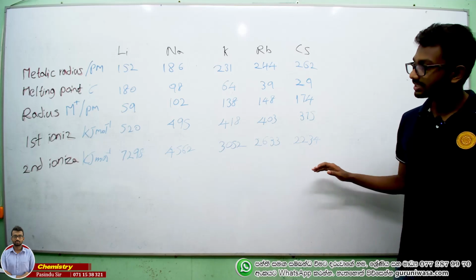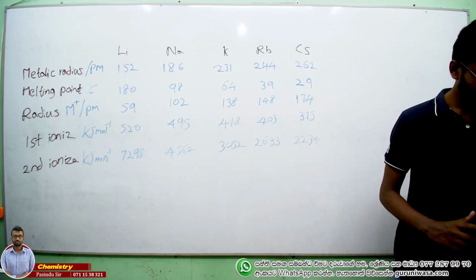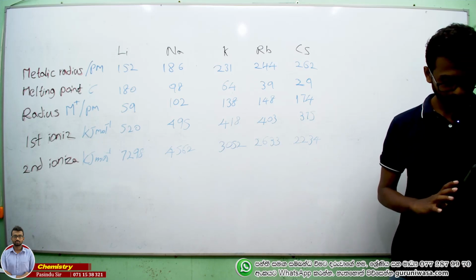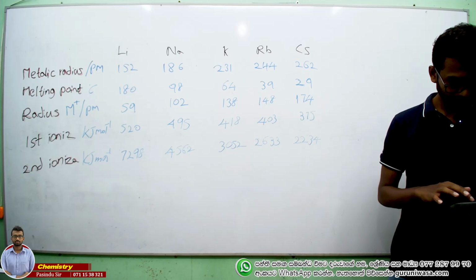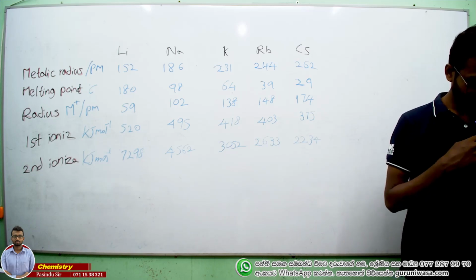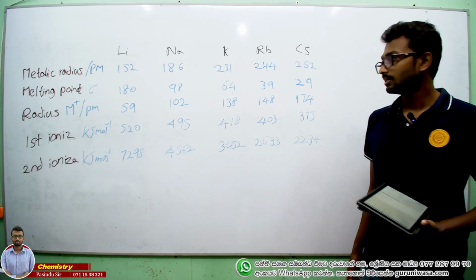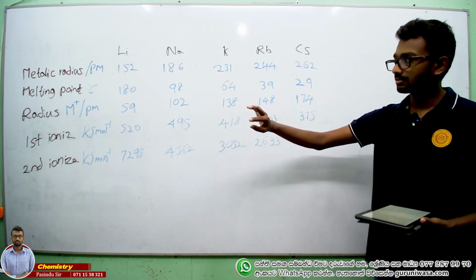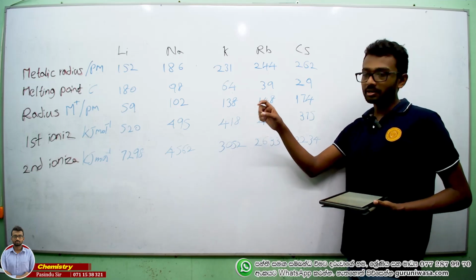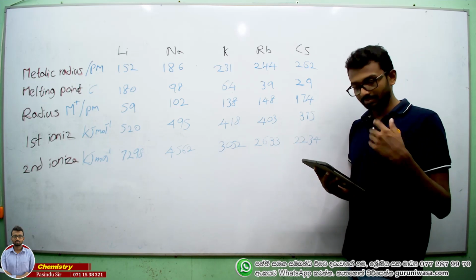So copy the table. Then you can mention separately: melting point decreases. Likewise, just mention it by yourself.